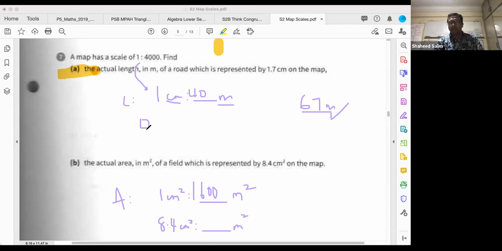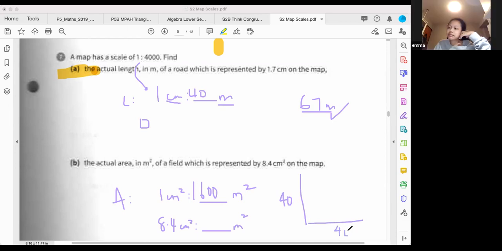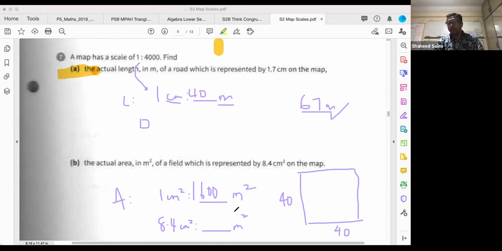The length is 1 cm, 1 times 1 square cm. In reality, this 1 cm is 40 meters. Down here is also 40 meters. Correct? So when you take 1 times 1 on the map, it's the same as taking 40 times 40, it becomes 1,600 square meters.